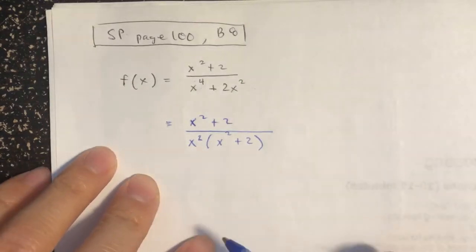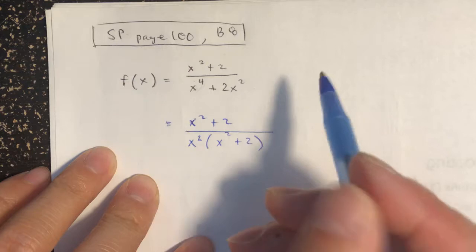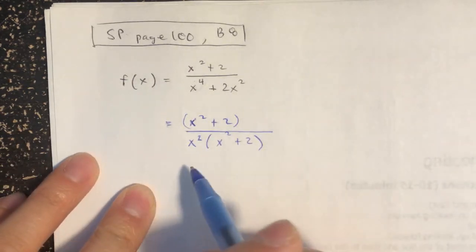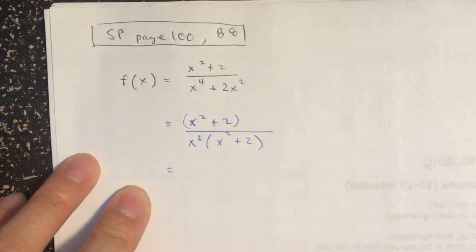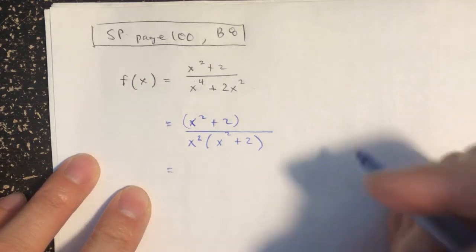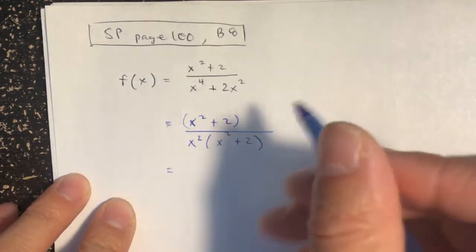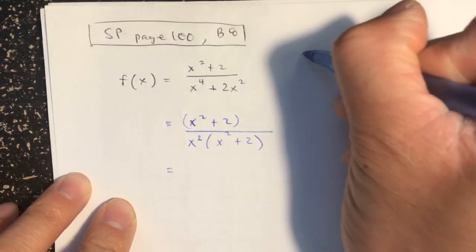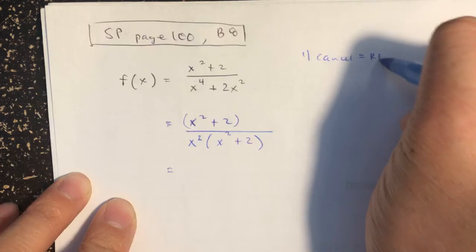Now, in rational functions, if you set parentheses around these, okay, what we cancel is equal to our removable hole.